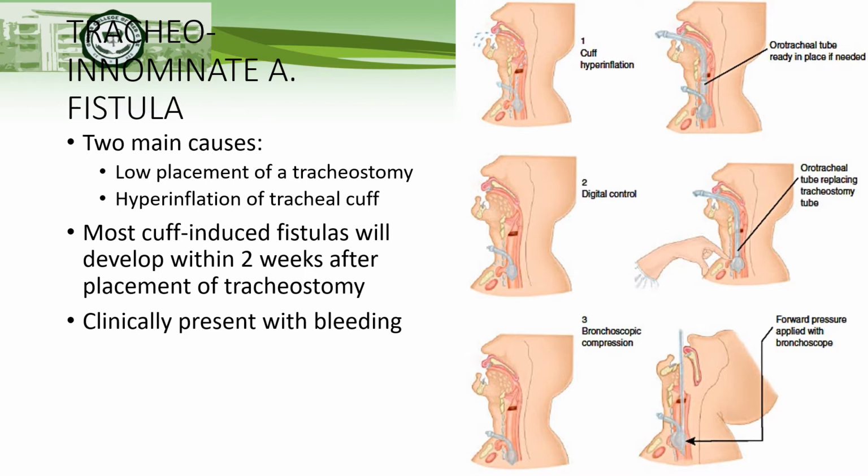If unsuccessful, digital control should be done after the tracheostomy incision is widened. A third option would be to use a bronchoscope to place pressure on the bleeding site. Lastly, emergent surgical resection of the involved segment of artery is performed, usually without reconstruction.